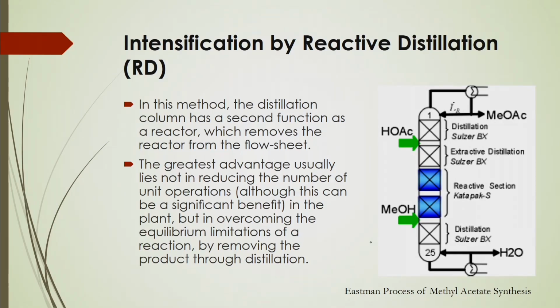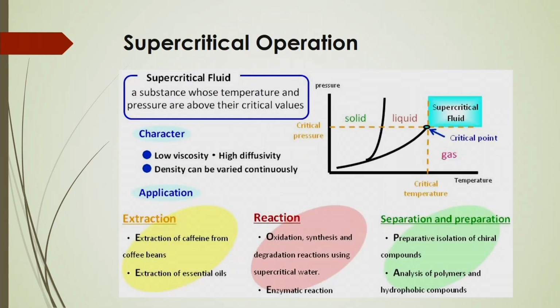And the greater advantage usually lies not in reducing the number of unit operations, although this can be a significant benefit in the plant, but in overcoming the equilibrium limitations of a reaction by removing the product through distillation, like the Eastman process of methyl acetate synthesis, where reactive distillation systems are being used.